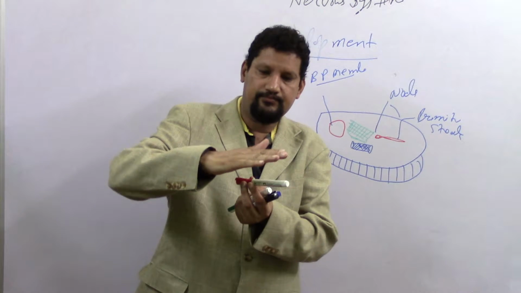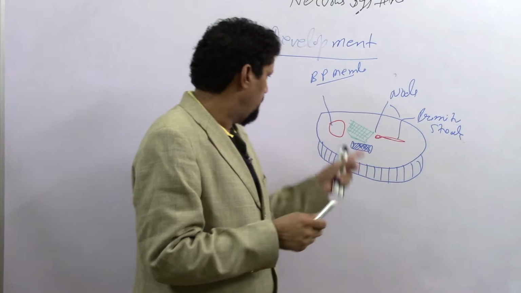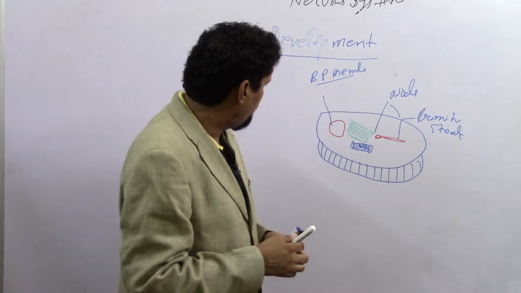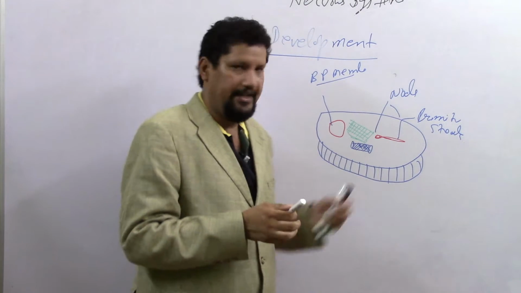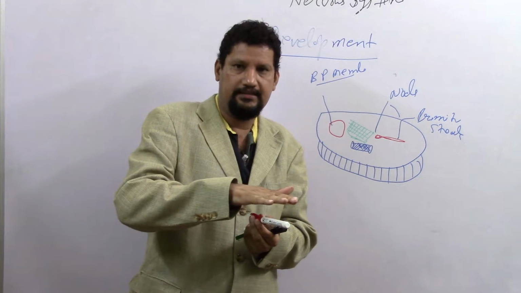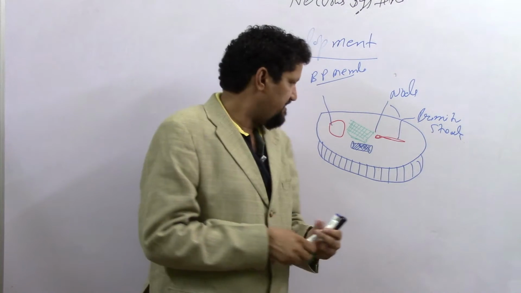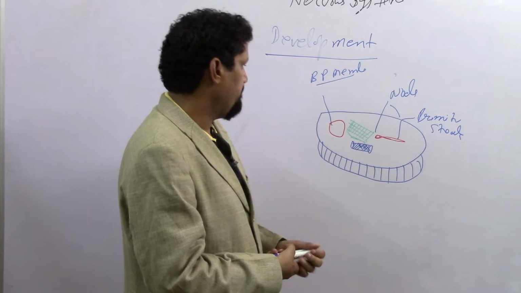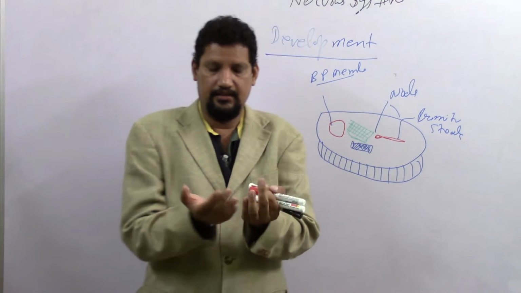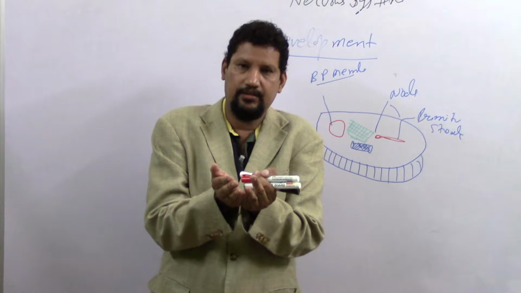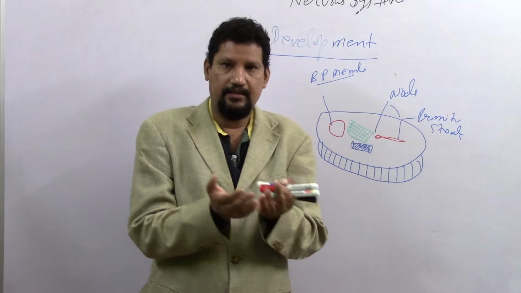It will form the developing neural fold or neural plate. Initially it is plate like this. This is notochord and this is neural plate. As time passes by and by growth of the underlying mesoderm, this plate will form a neural fold, and the lateral margins of this neural plate will elevate.